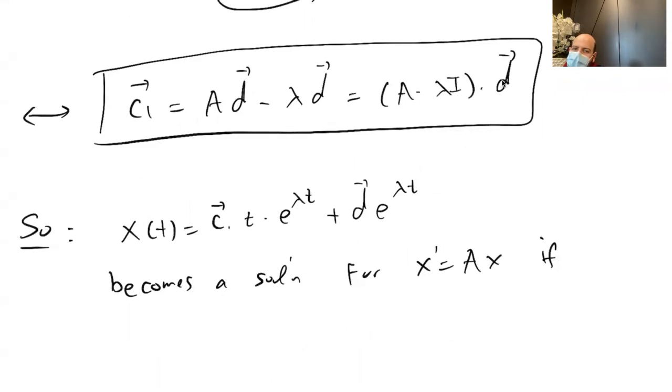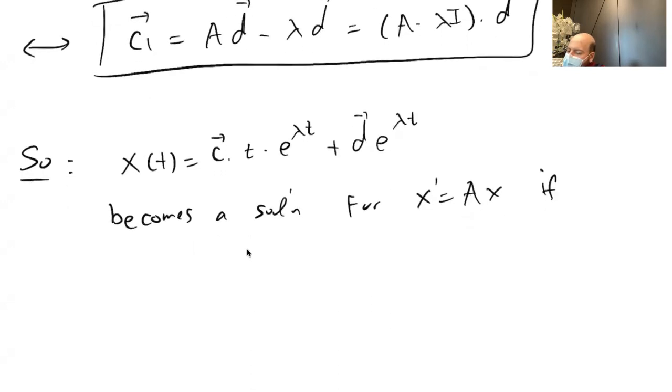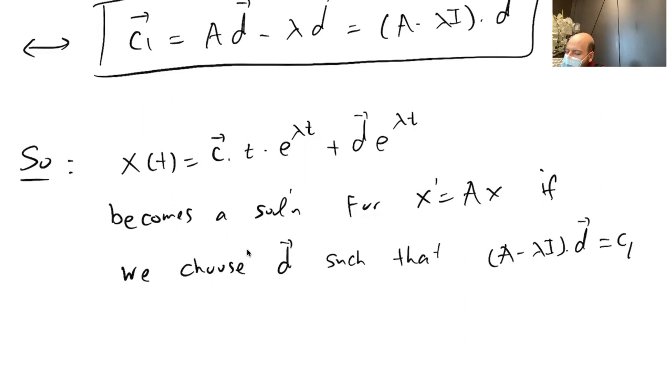If you choose d in a way that A minus lambda I times d becomes C1, then this becomes a solution for our system x prime equals Ax. So it becomes the solution if we choose d such that A minus lambda I times d is equal to C1.